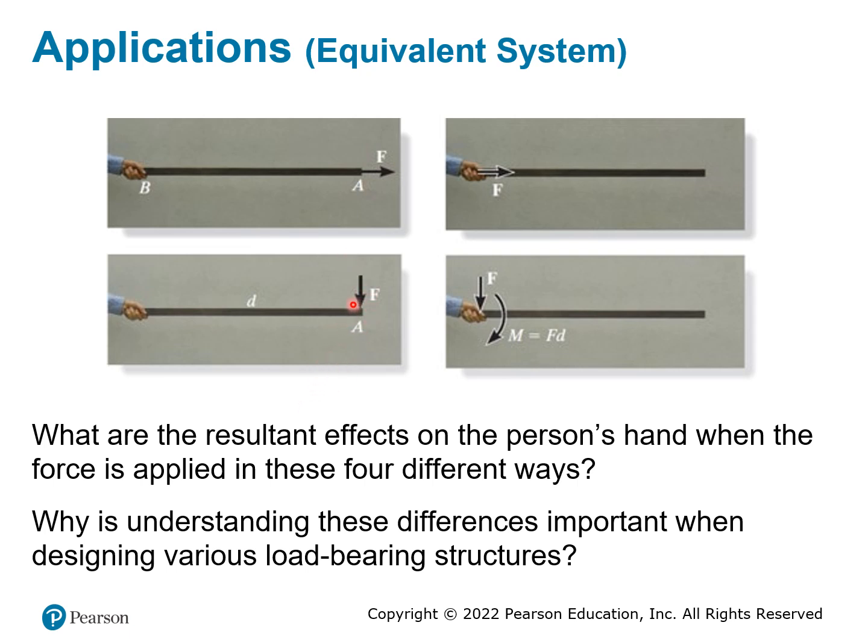So the bar will experience not only a force but also a rotation tendency, and we can represent this by moving the force to the starting point, like this one here. But when you move that force to here, a moment will be created due to the force times the distance you moved it, and it will be an equivalent system. We're going to show you how this idea is created in the next slide.